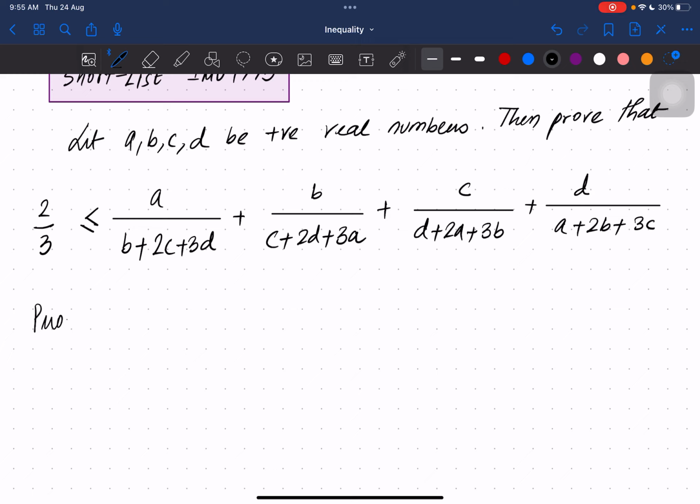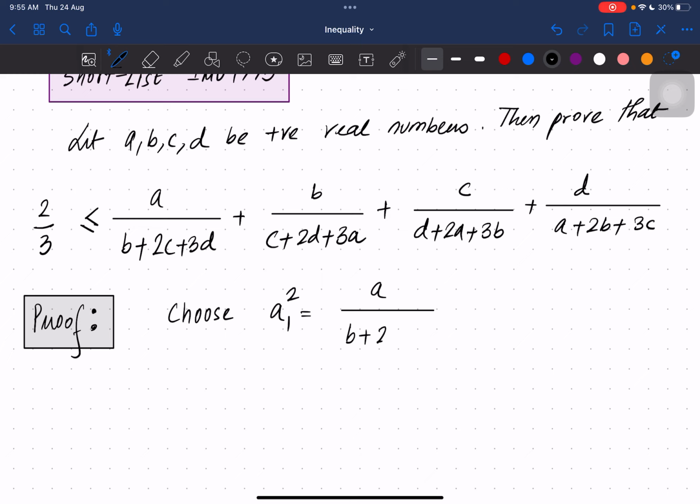So let us see the proof. Let us choose two things. Choose a1 square as A divided by B plus 2C plus 3D, and similarly you can choose a2 square, a3 square and a4 square respectively.